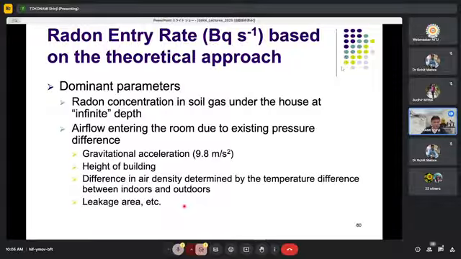It is not easy to define the radon entry rate, which includes a lot of physical parameters like this.